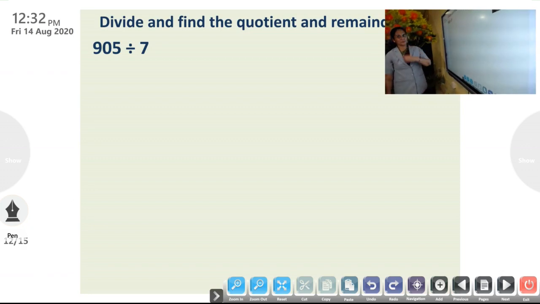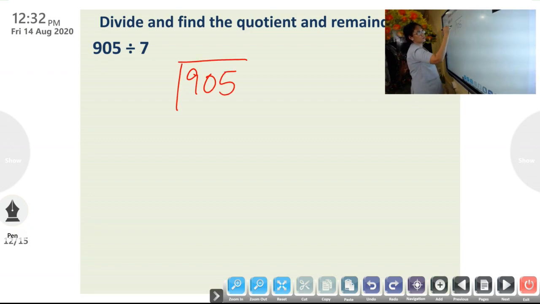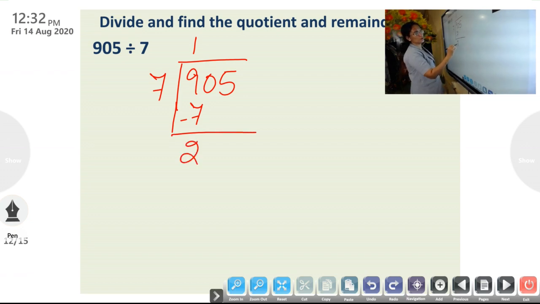Divide and find the quotient and remainder. 905 divided by 7. Okay. Take 9. 9 is greater than 7. So you can divide 9 by 7. 1 7 is 7. Subtract. Okay. 9 minus 7, 2.